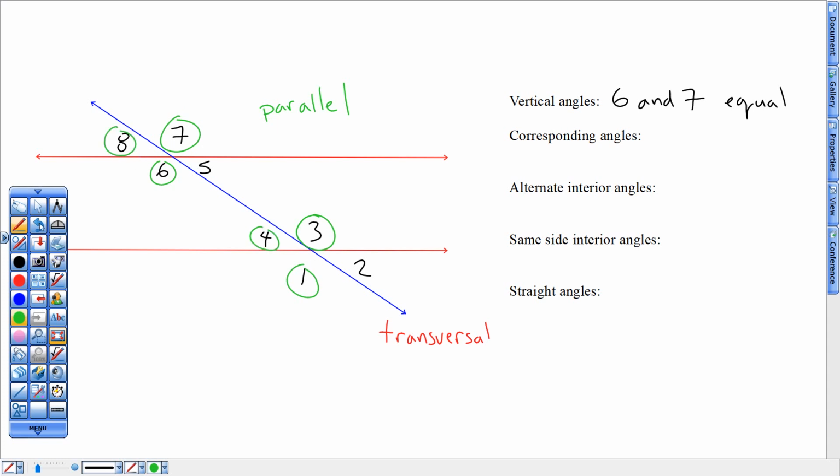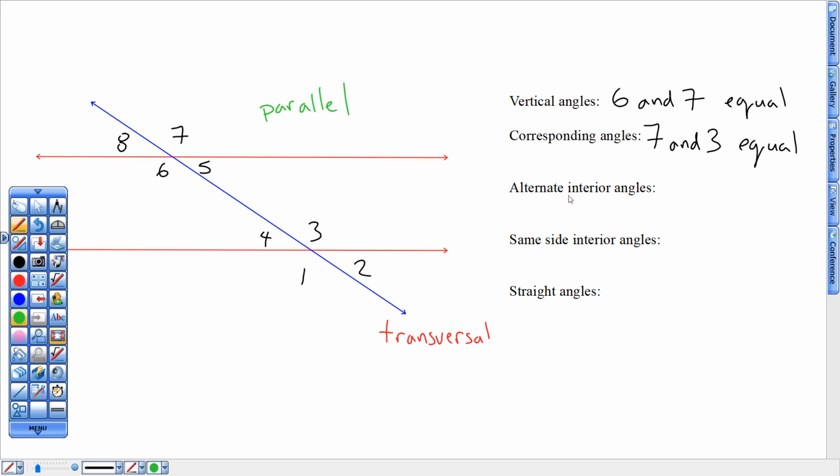But again, not both on the inside, both clearly equal, but one on the inside, one on the outside. So I'm going to pick 7 and 3. And again, these are always equal. Whatever angle 7 is, angle 3 is. And of course, one is on the outside, one's on the inside.